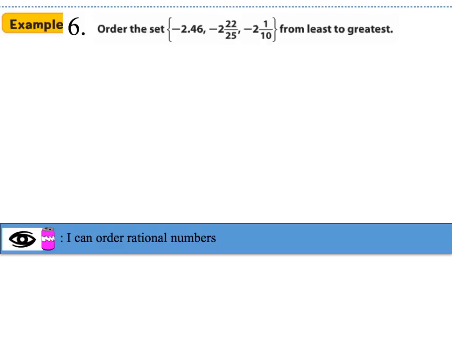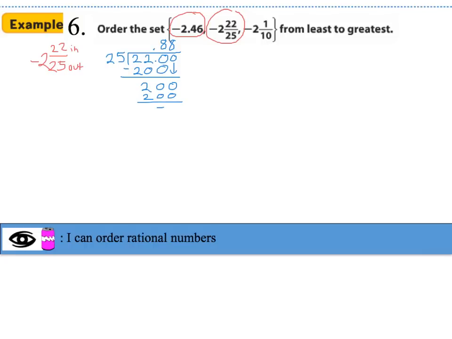So I can leave negative 2.46 as a decimal already, so I don't really have to do anything to that, but I need to convert negative 2 and 22 over 25 into a decimal. So what we're going to do first is write negative 22 over 25 here, and let's use the in and out method.